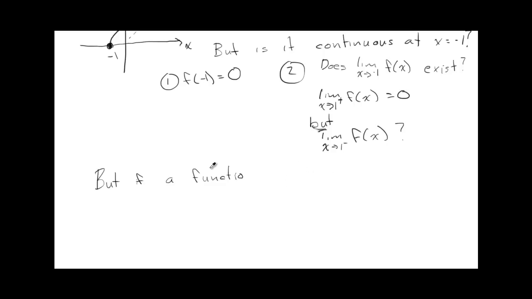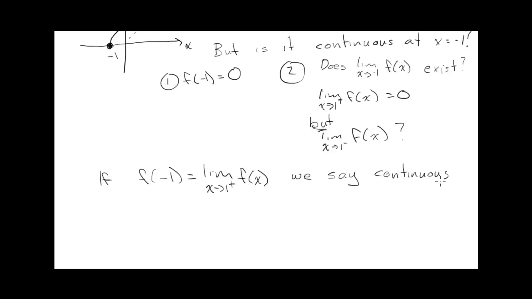Okay, so this thing right here, the limit exists from one side but not the other. That is a special concept. The limit from the right side is equal to 0, which does equal the function value at -1. So if f(-1) is equal to the limit from the right, then we say it is continuous from the right.